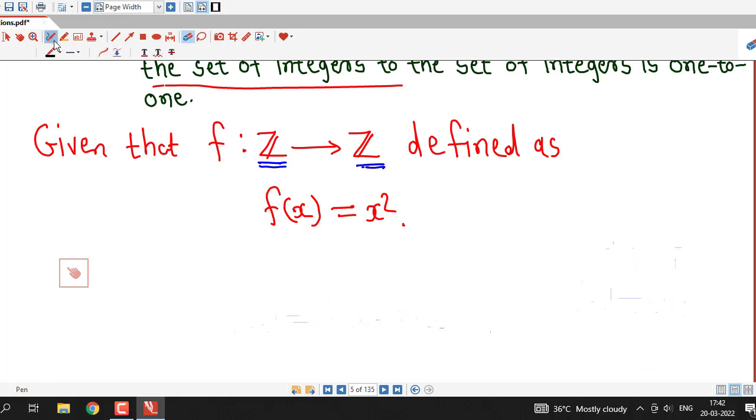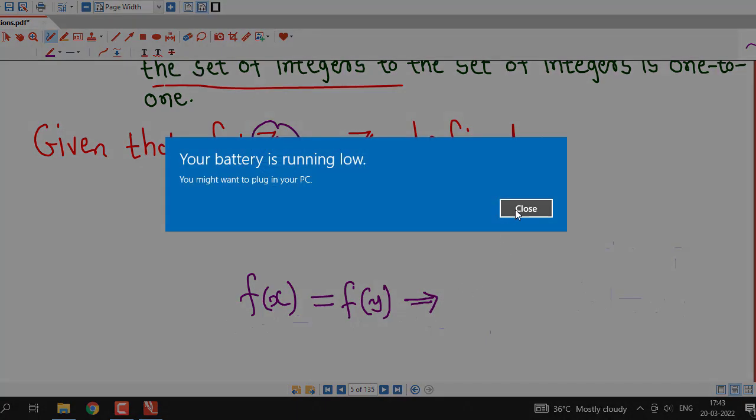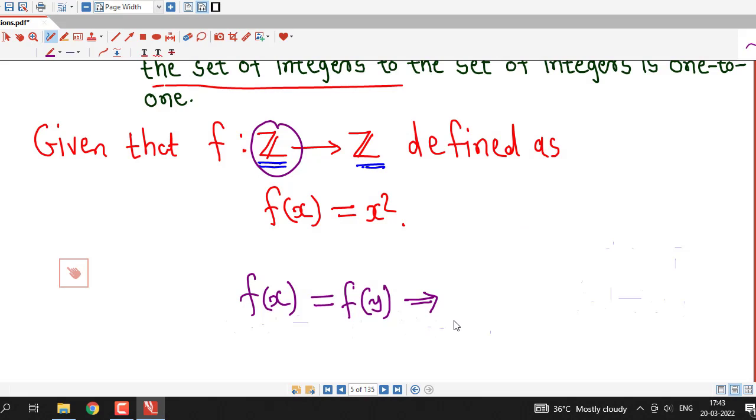So first we try to prove that condition: if f(x) and f(y) are equal, then whether x and y are equal or not. So suppose for x, y belonging to Z, which is the domain, f(x) and f(y) are equal, then we check what this will give us. So f(x) is x square and f(y) is y square.